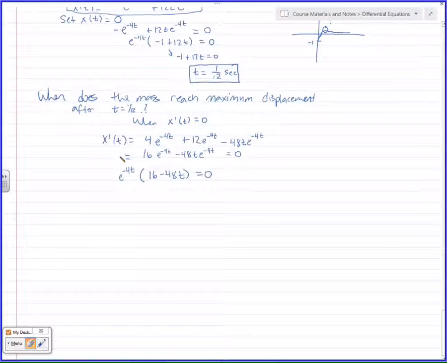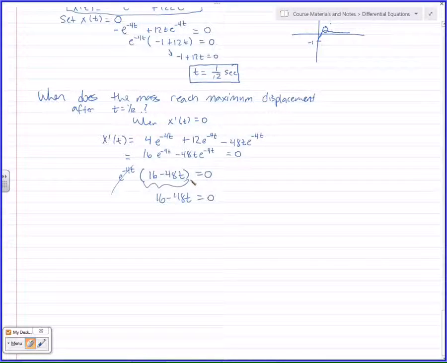E to the minus 4t is a radioactive decay looking curve. It's the exponential downward, but it's approaching 0, but it never actually crosses 0. So that can't be 0, so 16 minus 48t equals 0.